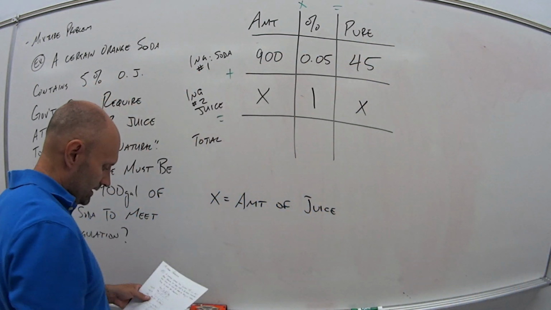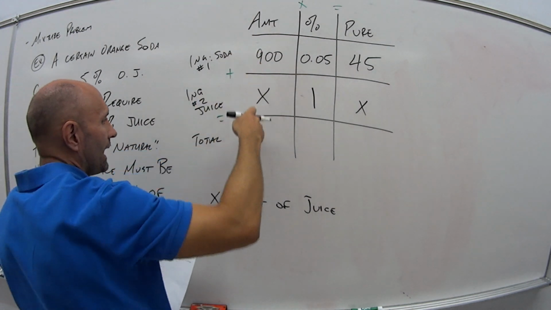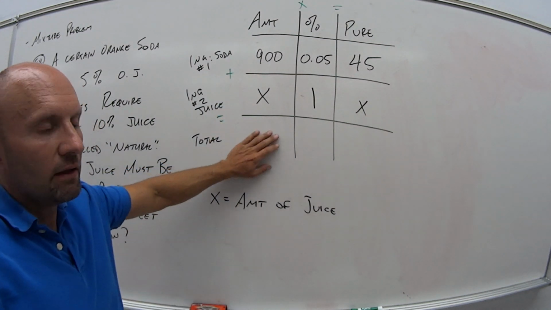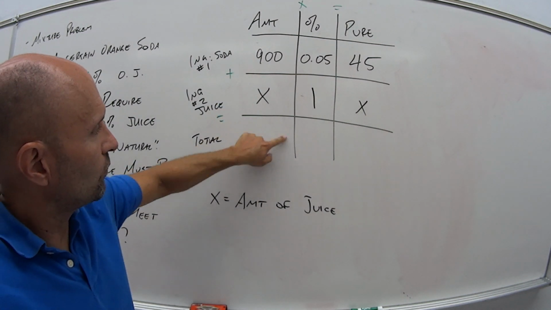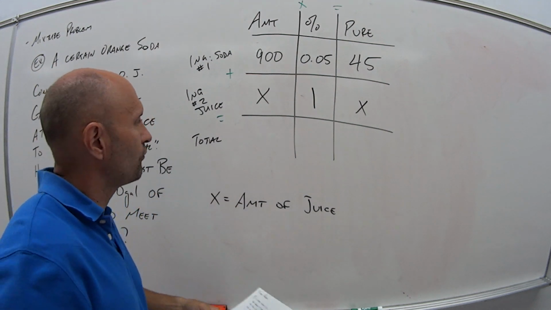And then lastly, I'm adding down. So 900 plus X, what goes in this box here? Well, this is going to be the total amount of soda and juice that I have when I'm done.